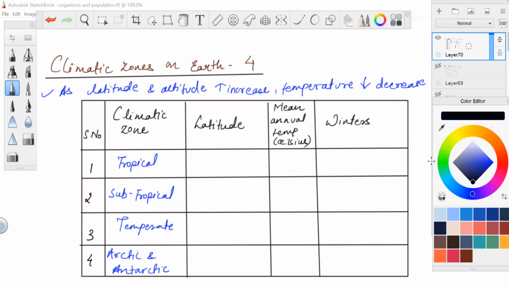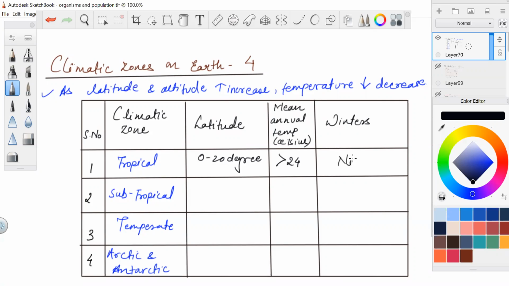So you will see 0 to 20 degree. Tropical has 0 to 20 degree latitude. Mean annual temperature is greater than 24 degrees Celsius. It's already written here, the Celsius unit, mean annual temperature. For tropical, the latitude is between 0 to 20 degree and the temperature is greater than 24 degrees Celsius.